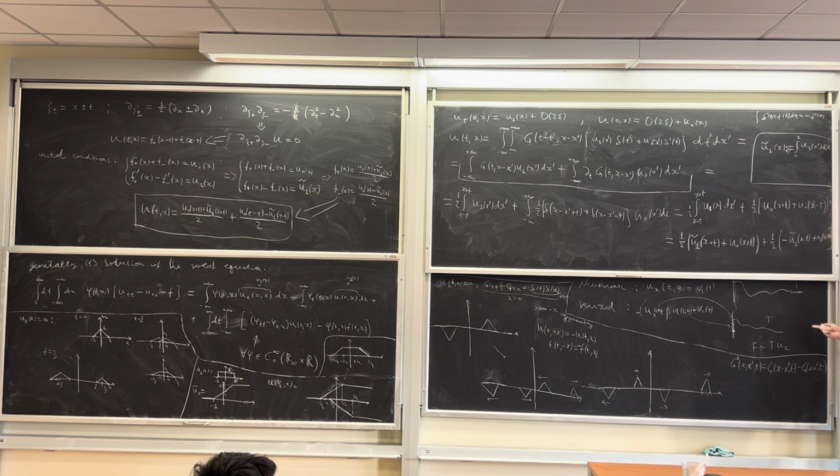But in the previous cases, when we had translation symmetry, it depended only on the difference of x and x prime. And here it depends on both coordinates in this way. So it is G of x minus x prime and G of x plus x prime.